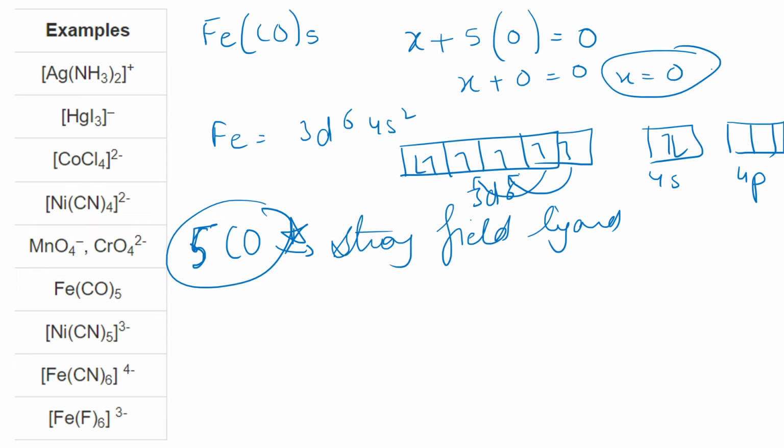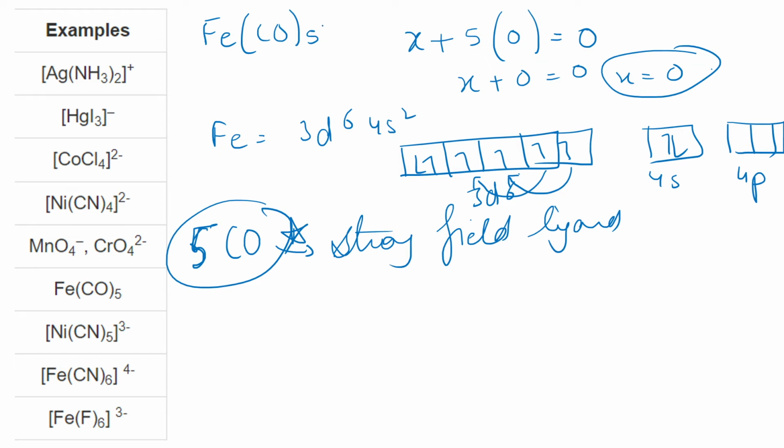iron has 3d6 4s2. The complex mentioned here has a 2 plus charge basically.